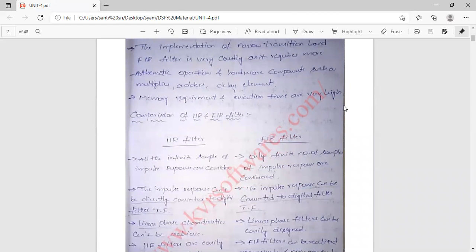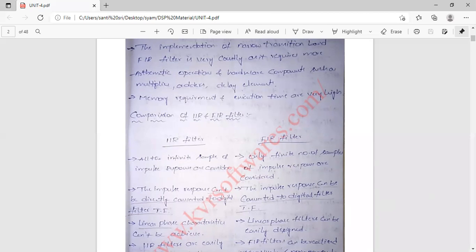Next, the comparison of IIR and FIR filters. All the infinite samples of the impulse response are considered in IIR filters, whereas only a finite number of samples of the impulse response are considered in FIR. In IIR, the impulse response cannot be directly converted to the digital filter transfer function, whereas in FIR filters it can be.